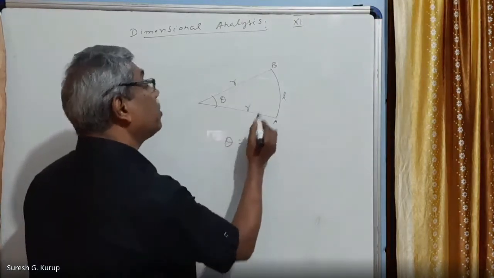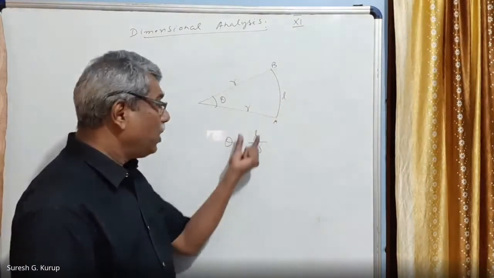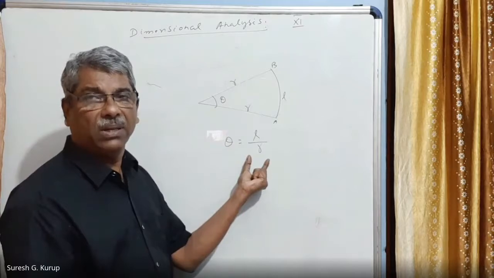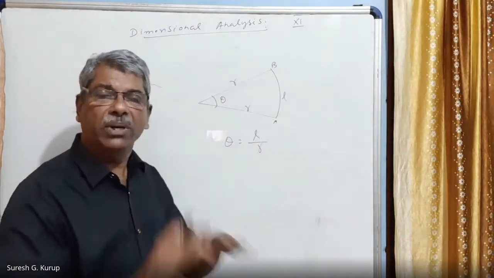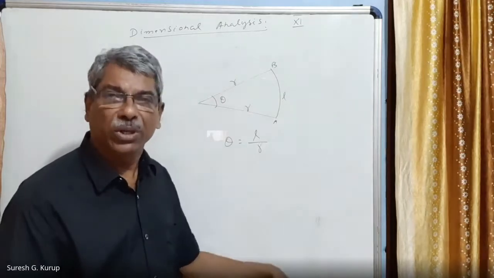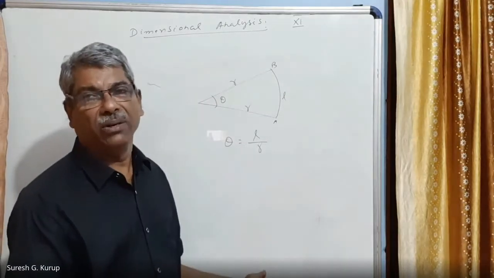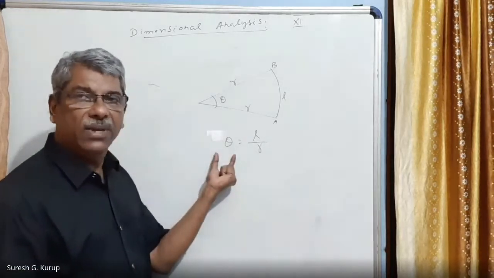Angle theta is equal to arc L divided by radius r. So length is a length, radius is also a length. Therefore, length is in meters and radius is also in meters. Meter cancels. No unit. L by L is equal to 1. Therefore, no dimension. Right?